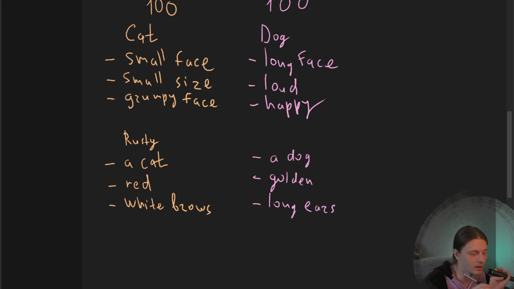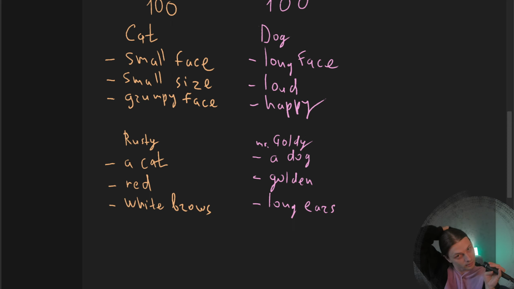All the dogs are smiley and big and loud, and this one is golden. I don't know, maybe Mr. Goldie. Mr. Goldie and Rusty. I don't know, Rusty is more familiar.